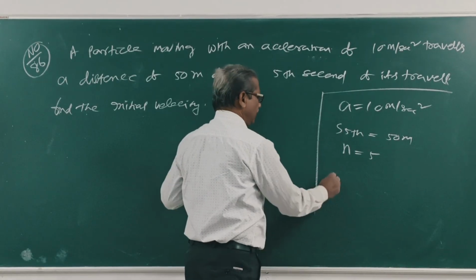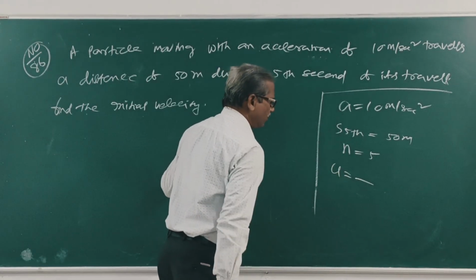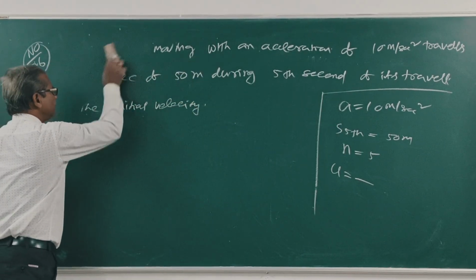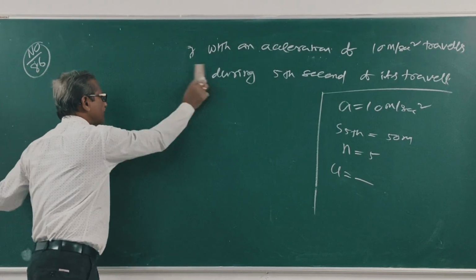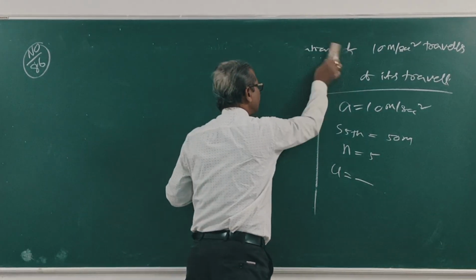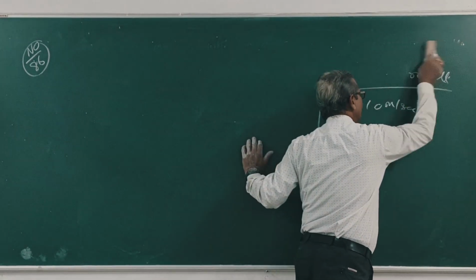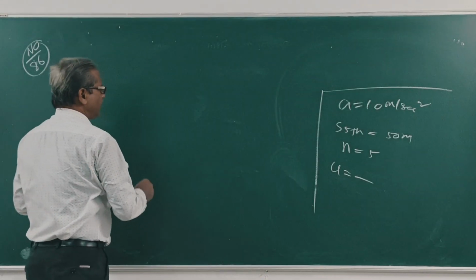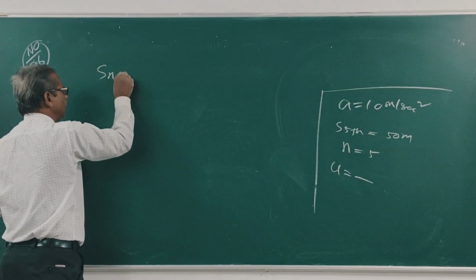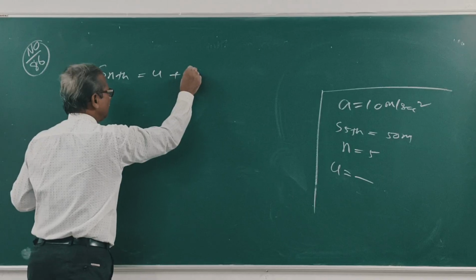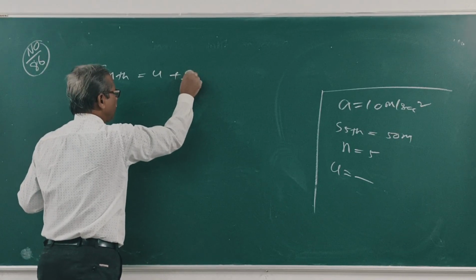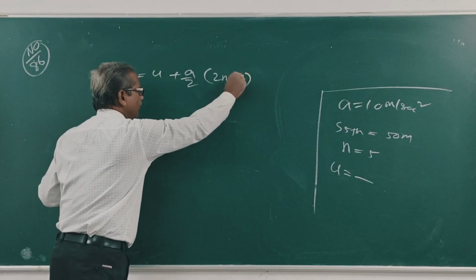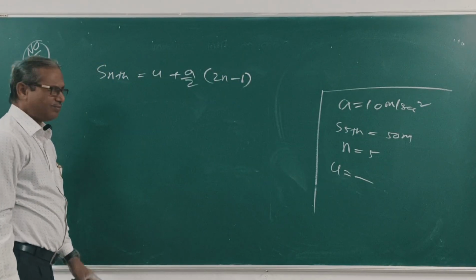Clear? What is u? Initial velocity u we will find out. Now, S fifth means S nth. S nth is equal to u plus a by 2 into 2n minus 1. Clear?